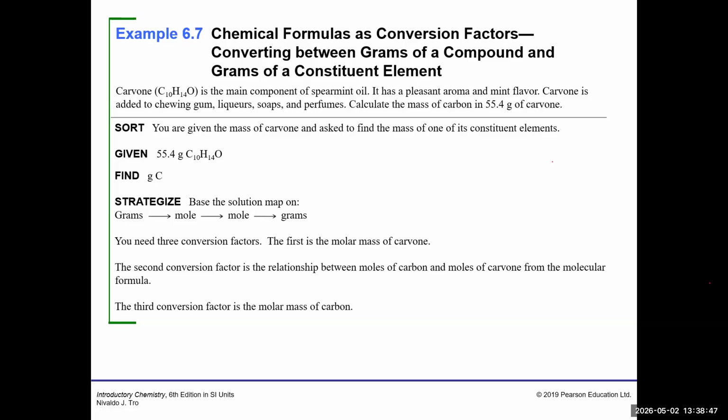So what we will do is we strategize it. We think about what the relations are. We have the grams of carvone.